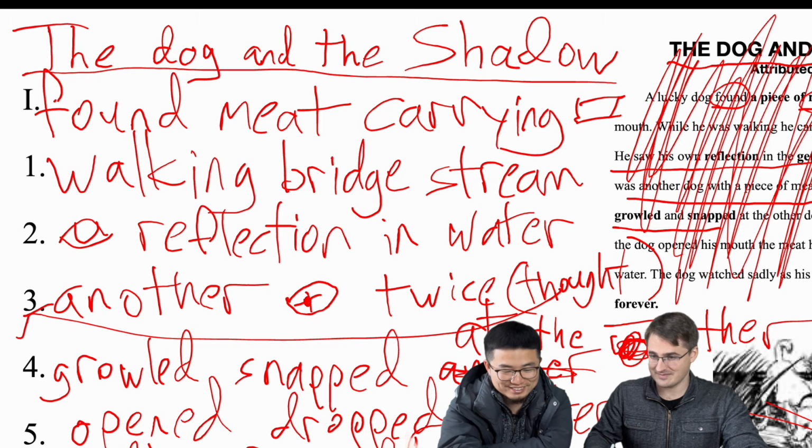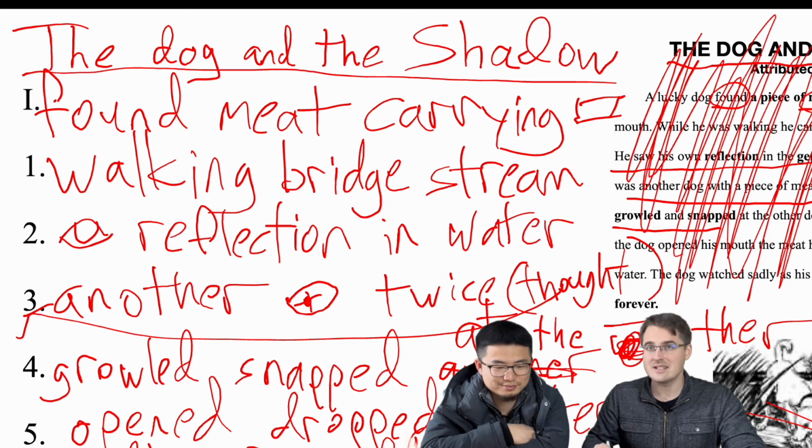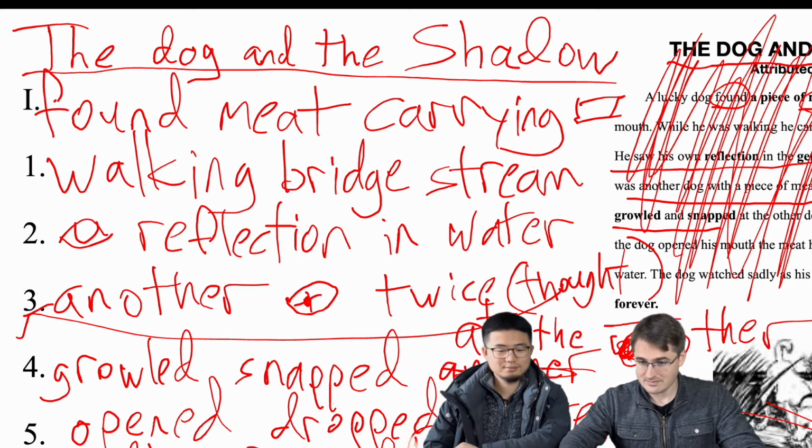Maybe Star. Yes. Can I use my own version of KWO? Yes, that's excellent. Use your own version. A dog found a meat and was carrying it, wait, where did I write this? Carrying it and came to a bridge above the stream.